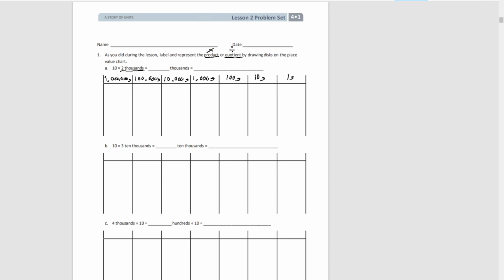We start with 2,000s, and we're doing it 10 times. And then how many thousands do we have now? We have 10, 10, a total of 20 thousands.